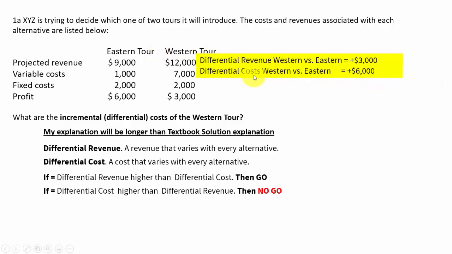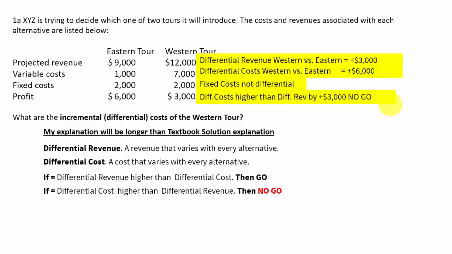The differential cost of Western versus Eastern is 7,000 for Western versus 1,000 for Eastern. So that's $6,000 in costs that Western is higher than Eastern. Fixed costs, there's no difference. And in profit, you can see that the differential, Western versus Eastern, is that profits are lower by 3,000, so there it's a no-go.